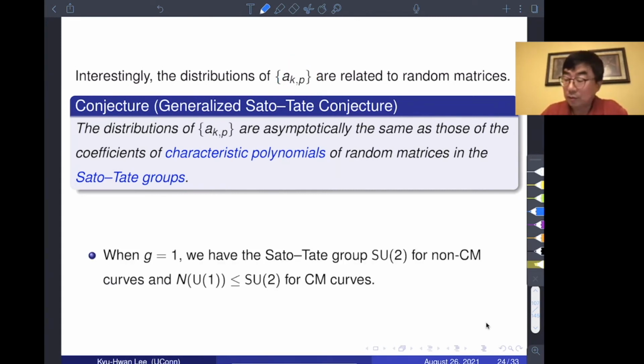That's the conjecture. In the genus 1 case, we may interpret the moment sequences as the moment sequences of the coefficients of the characteristic polynomials from SU2 for non-CM. For CM, we have the normalizer of a U1 inside SU2. So these are Sato-Tate groups.